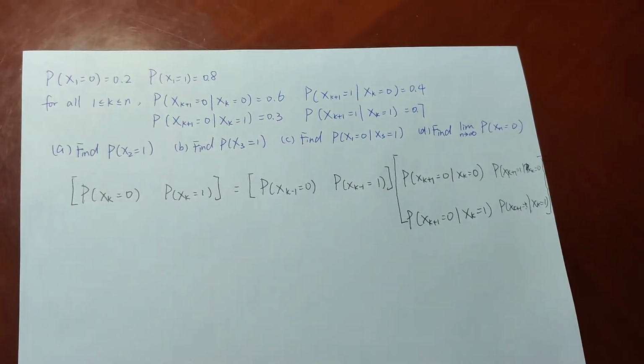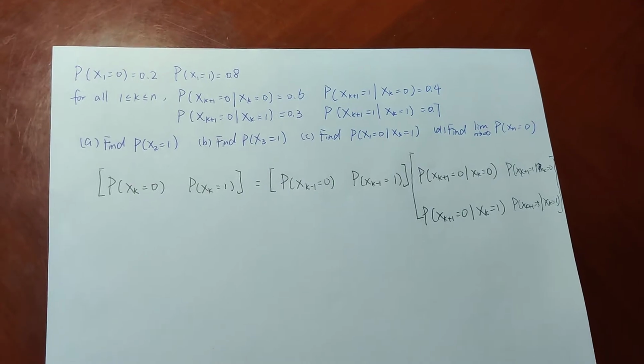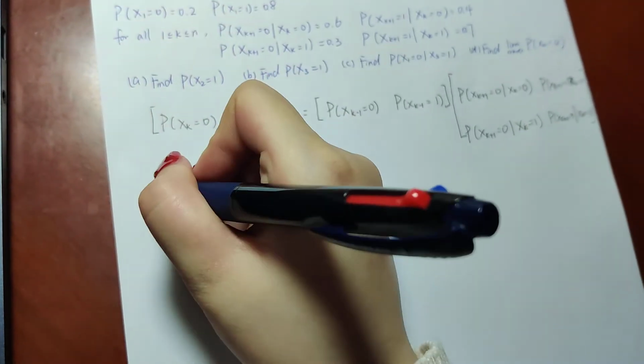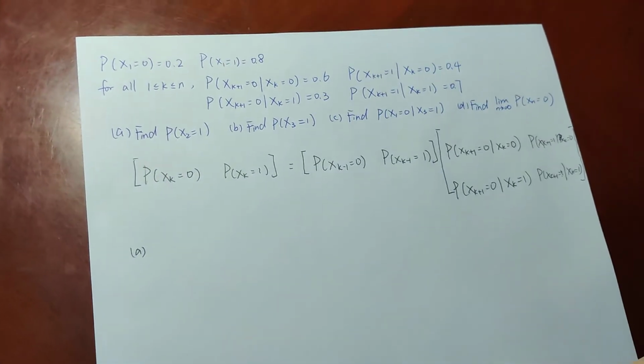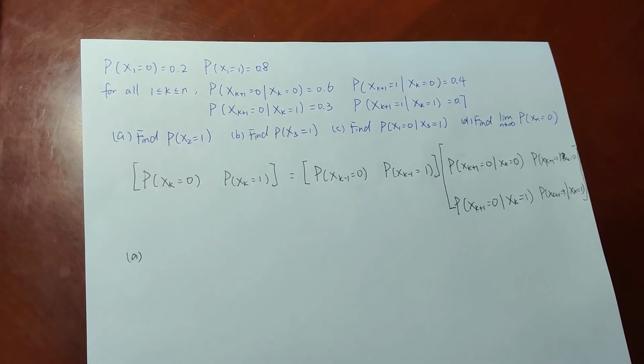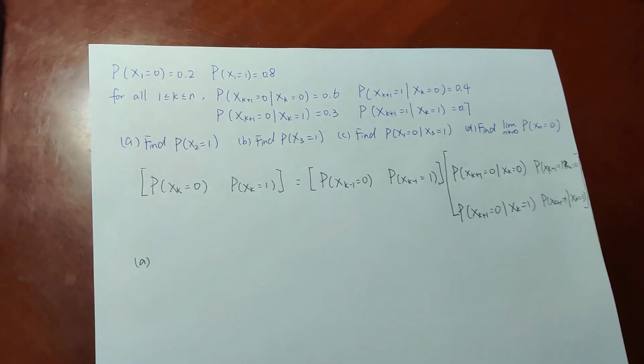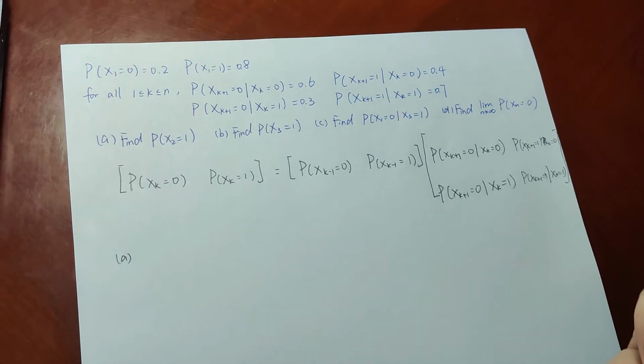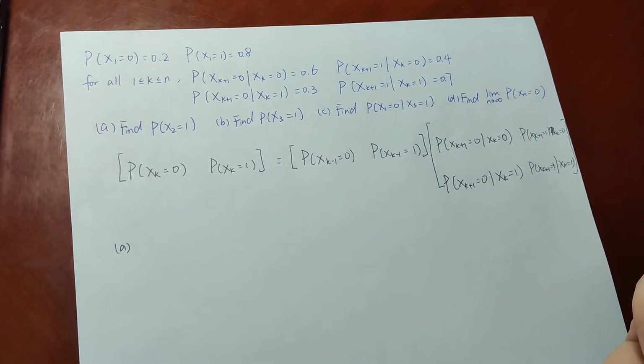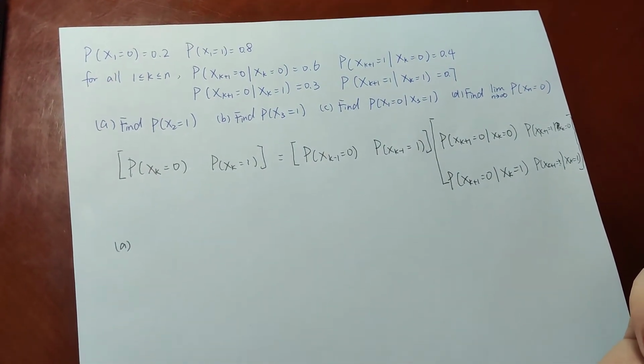We can easily know the equation. So for question A, we want to find the probability of x2 equals 1. We can easily calculate the probability of x2 equals 0 and x2 equals 1.